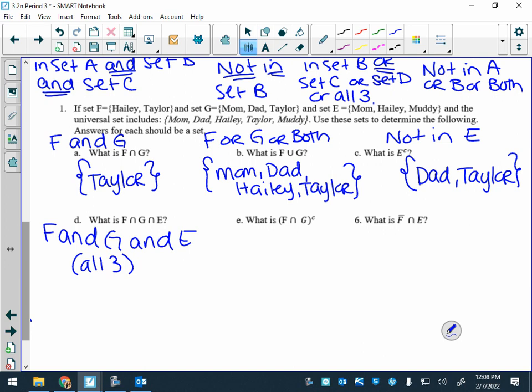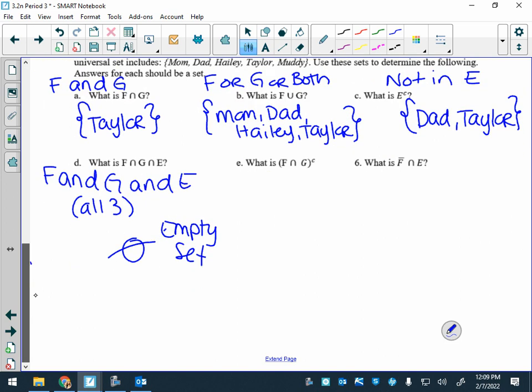Rory? Careful. In all 3, F, G, and E. Andrew? Nobody. Haley's not in the G category. So, no one. So this would be the empty set.